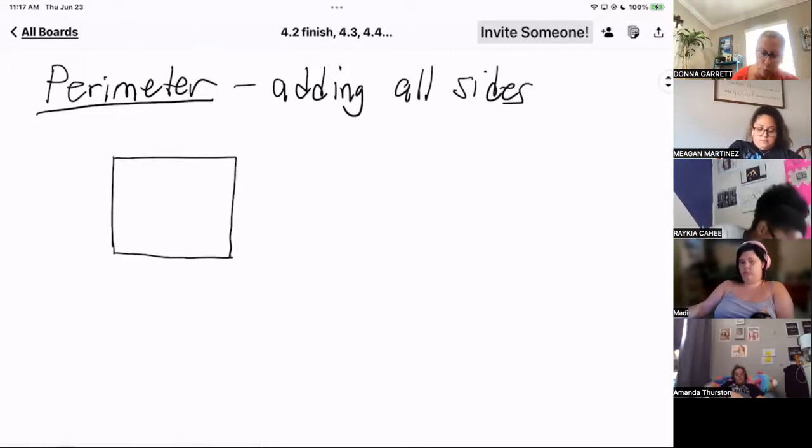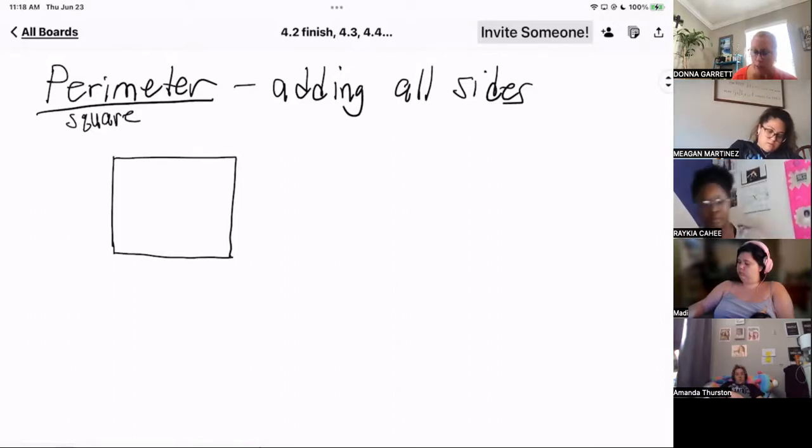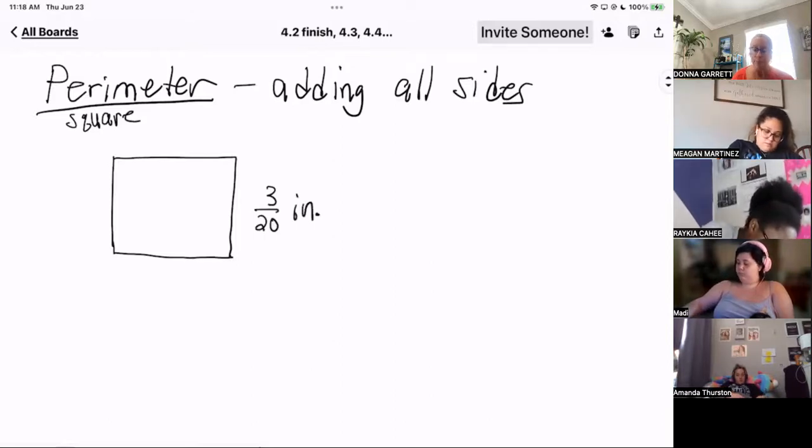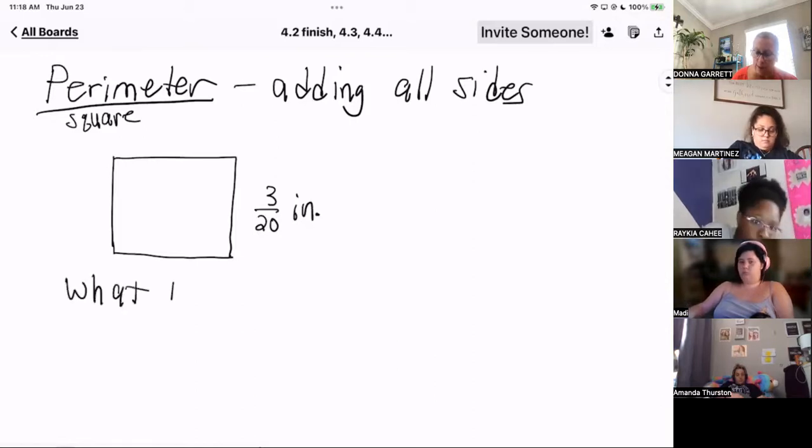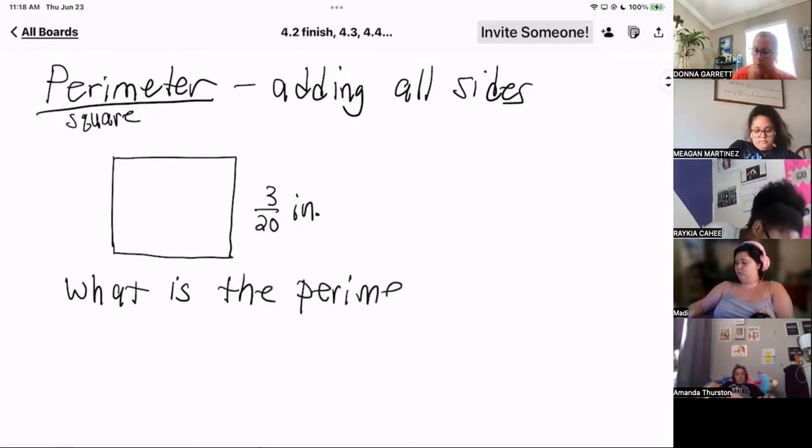Okay, this is supposed to be a square. Picture it as a square. One side is 3 over 20 inches. What is the perimeter? Well, I only gave you one side, but what we know about a square is all the sides are the same, right?